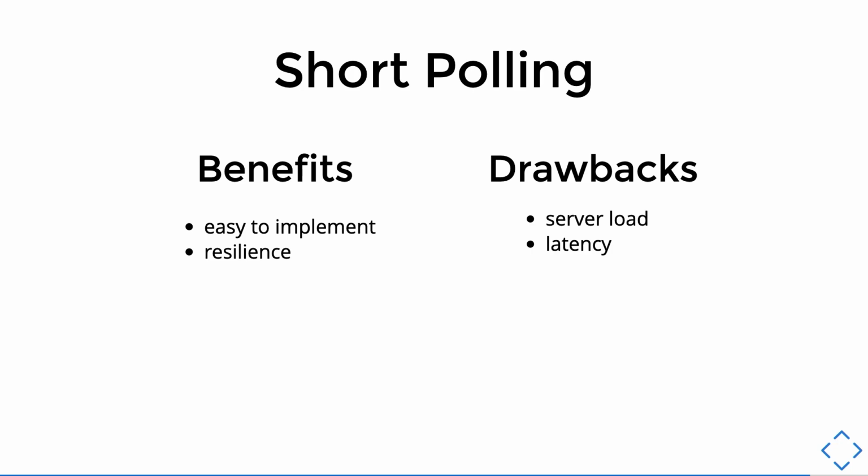So the user will wait a long time, but in the end he will have his analysis displayed. But there are, of course, some drawbacks. The first one is the server load, because you will call your server a lot. And there is some latency, because between each call, you will not have the data as soon as possible.